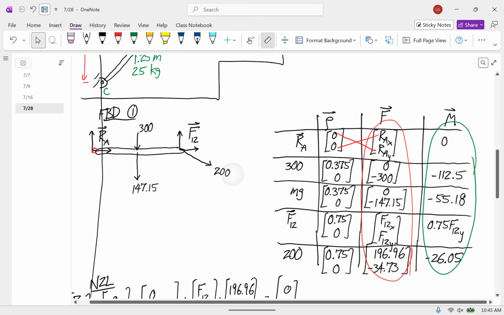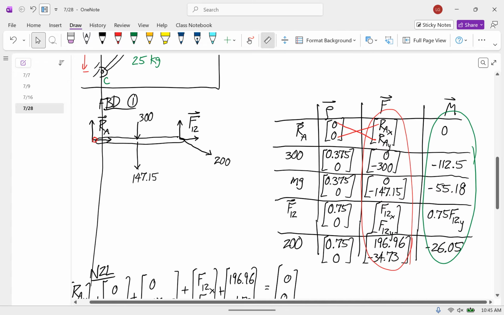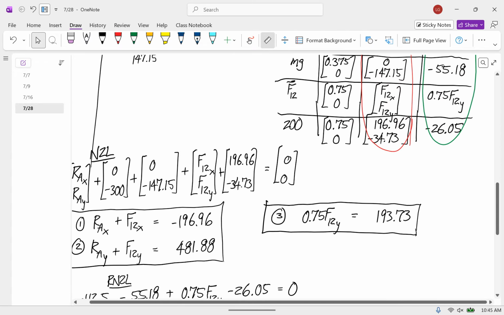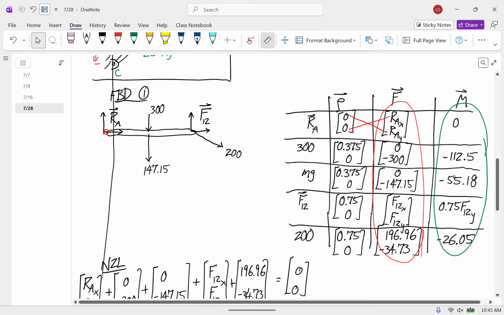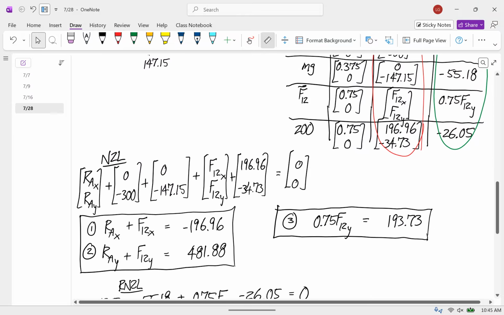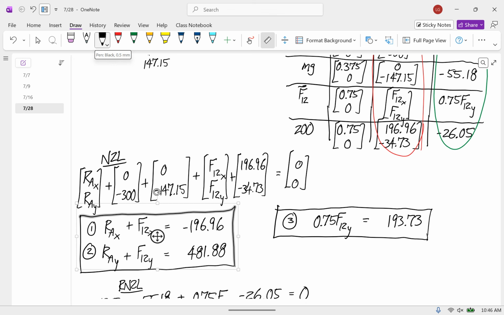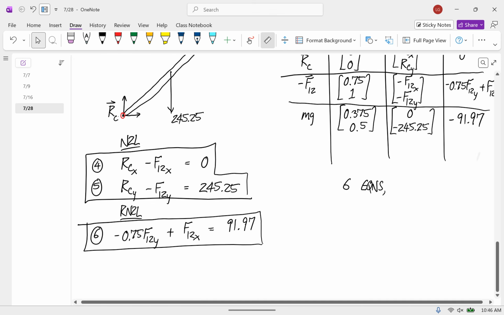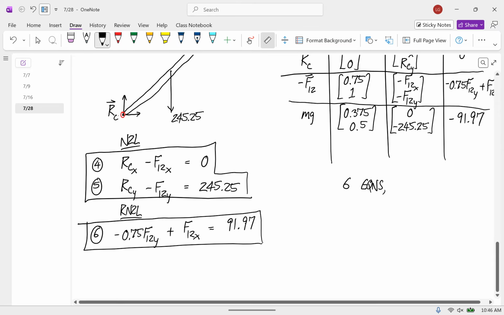So if you look at these equations, we have RAX, RAY, that's 2. F12, X and Y, that's 4. And then RC, X and Y, that's 6.